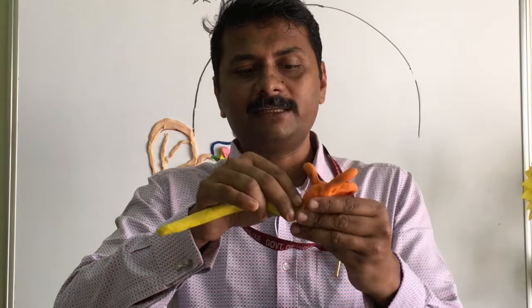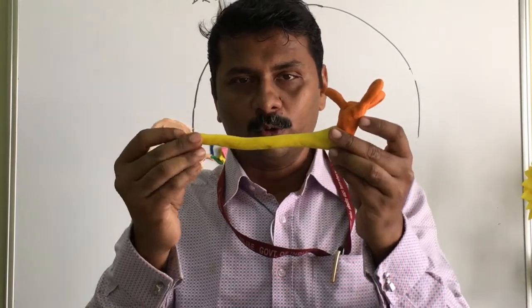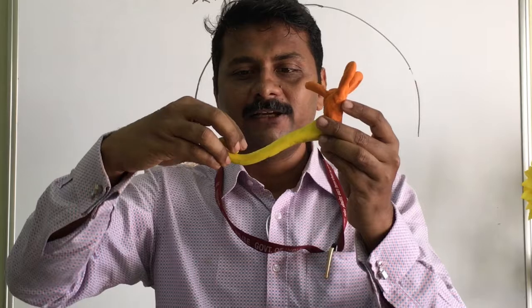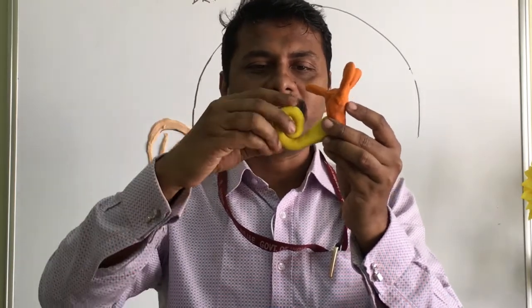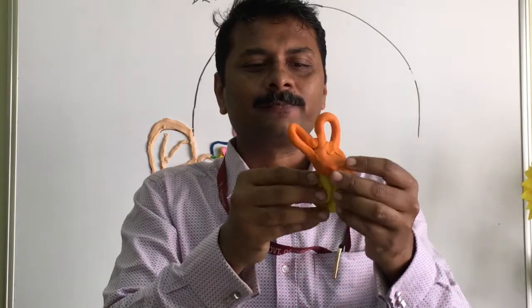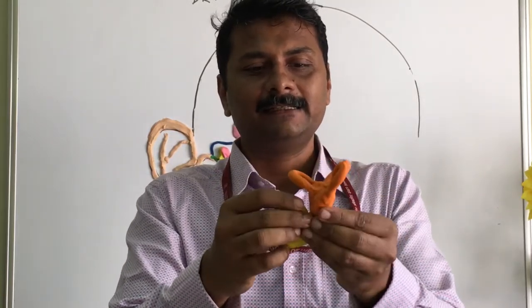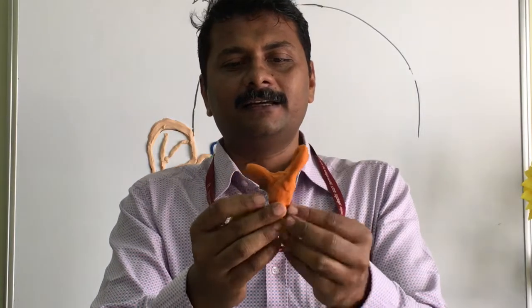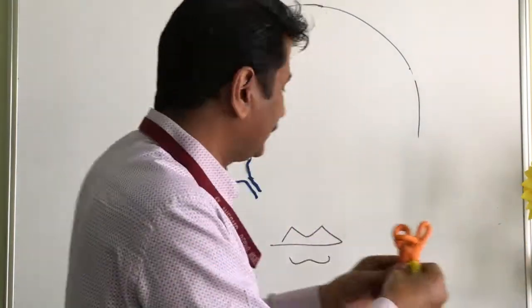The vestibuli is in orange, and the cochlea is in yellow. This cochlea has 2 3/4 turns: 1 turn, 2 turns and 3/4 turn. The vestibular system has the vestibuli and the semicircular canals.